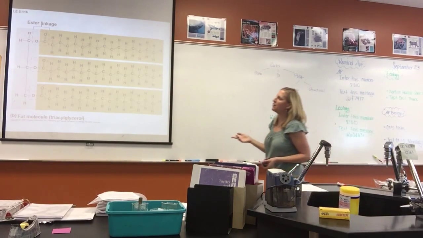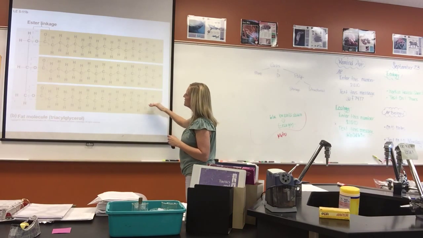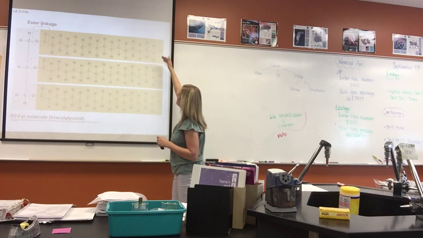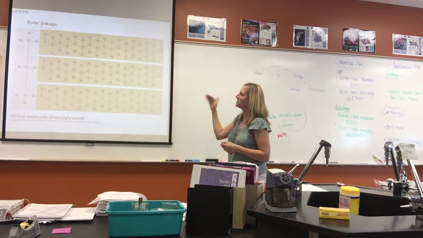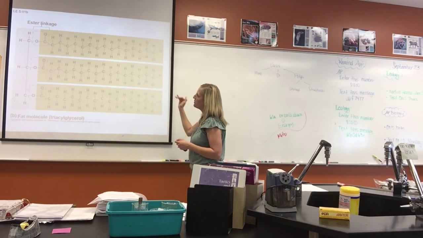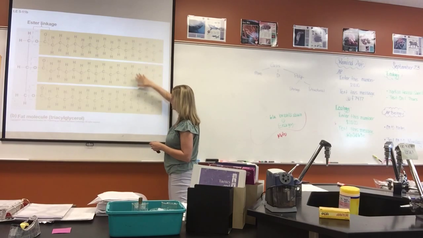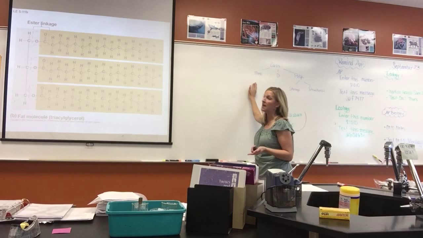I do want to point out, though, that fatty acids can differ from one another. This picture is showing you pretty much that the fatty acids are all the same. They're the same length and so on. But one fatty acid can differ from another in length. So this one could be 10 more carbons long, and that would be a different fatty acid than this one.